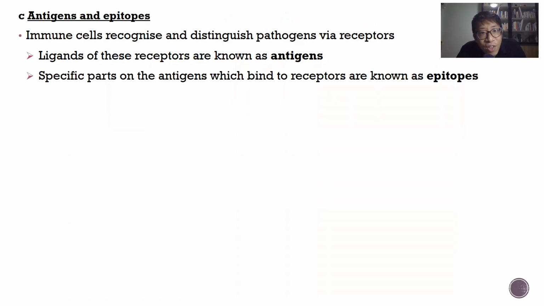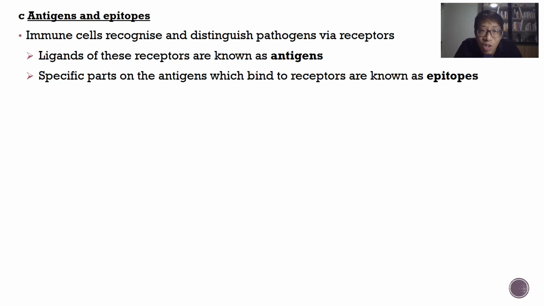Just move on to a couple of terms that we will refer to quite often in this topic: the antigens and epitopes. Just as we mentioned, the immune cells must be able to recognize and distinguish pathogens from our own body cells. And we mentioned that there are receptors on the immune cells to recognize structures on the pathogens.